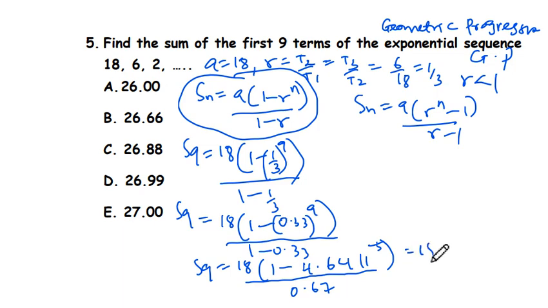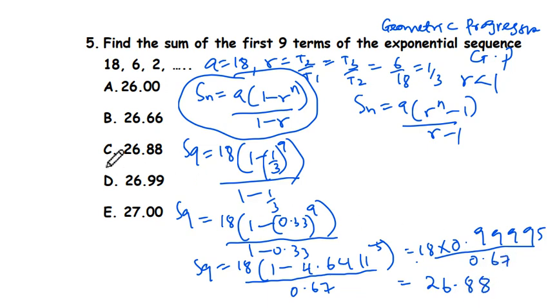So this becomes 18 multiplied by 1 minus 4.6411 raised to the power of minus 5. That gives us 0.99995 divided by 0.67. So this gives us 26.88. Option C is our answer.